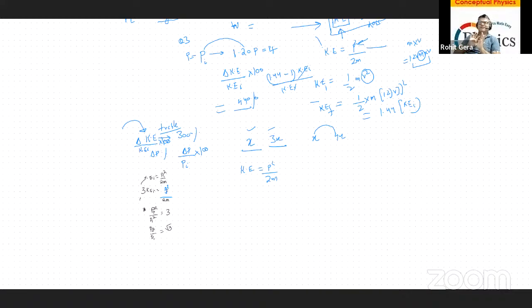So there are three works being done. One work to overcome friction, second work to accelerate the body up, the third work to change the position of the body, which is the height, mgh. So the total work you're doing will appear finally at the top as half mv square plus mgh.